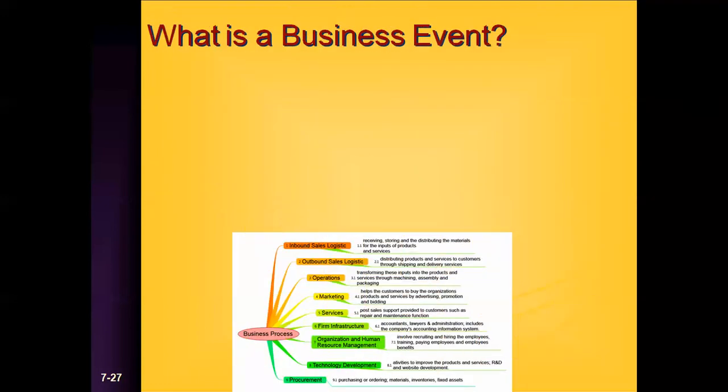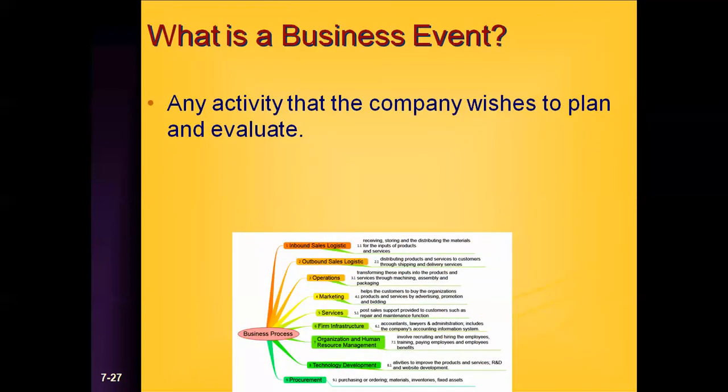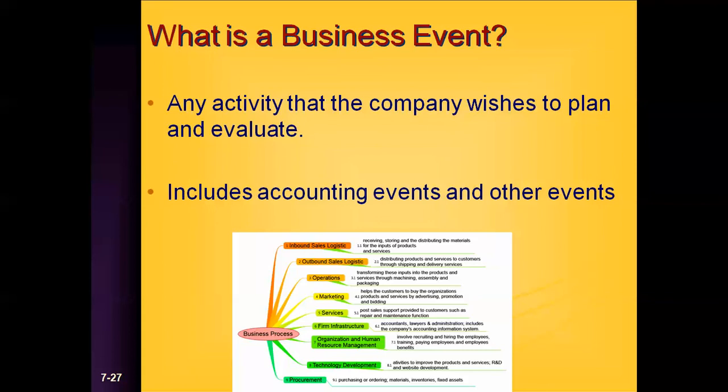Okay, so let's talk about business events. What are they? Essentially, a business event is an activity that the company wishes to plan or evaluate. It could be an accounting event, or it could be other events. The accounting event, as we talked about at the beginning, typically would have a particular monetary amount associated with it.